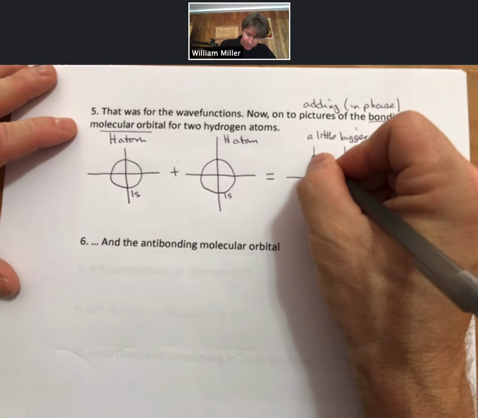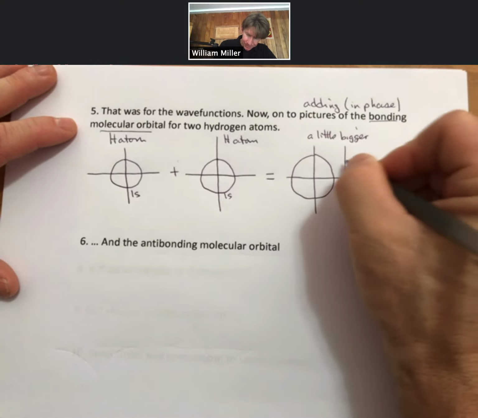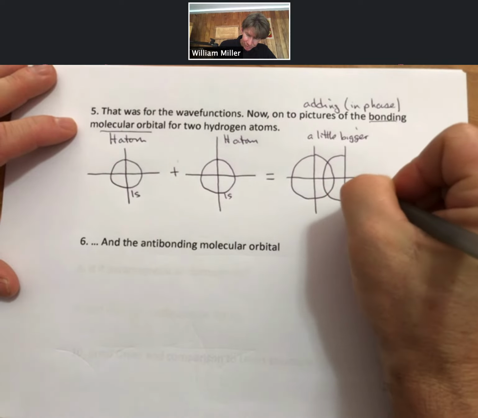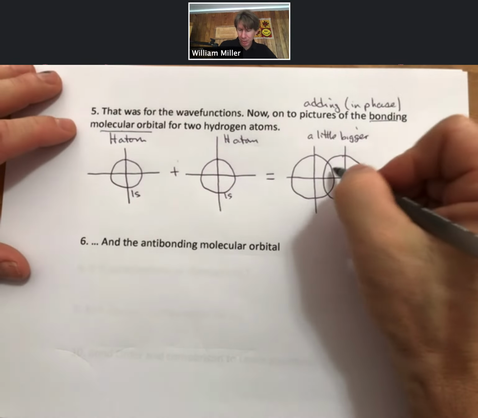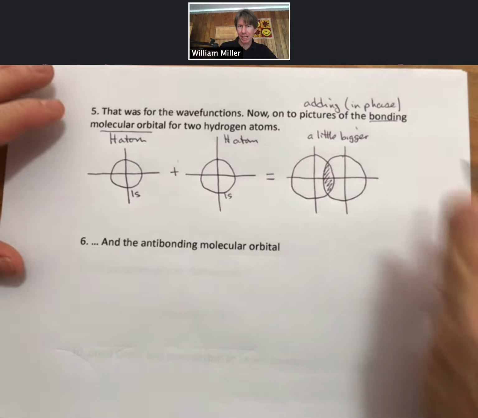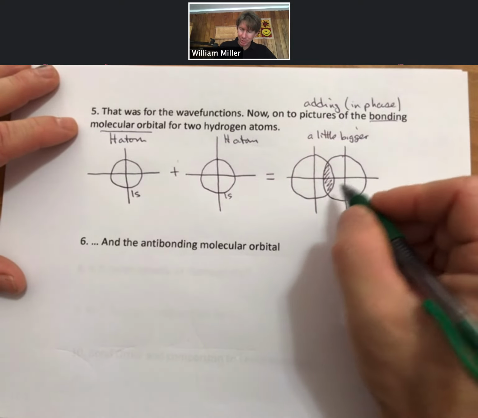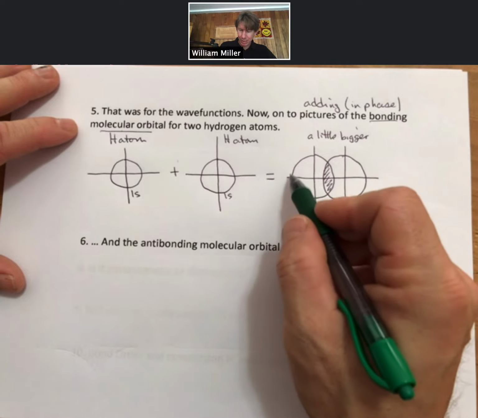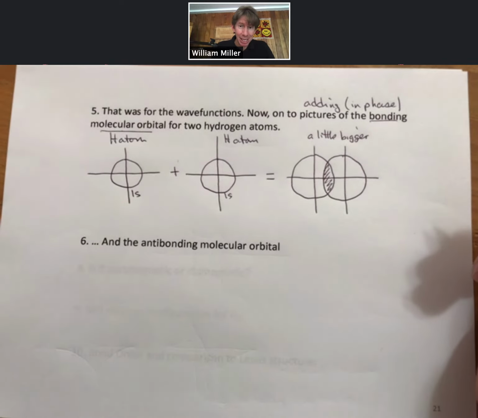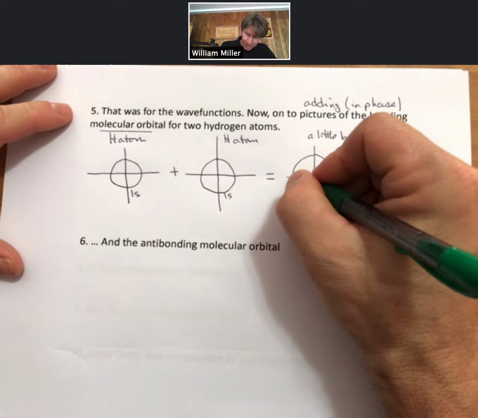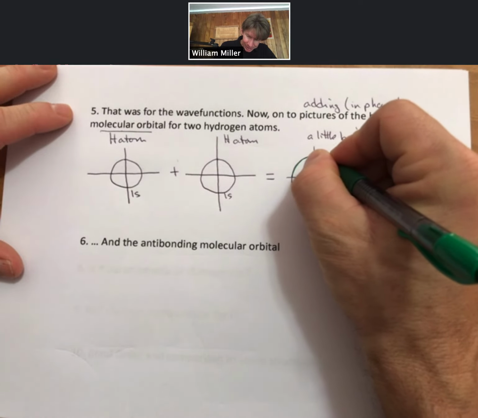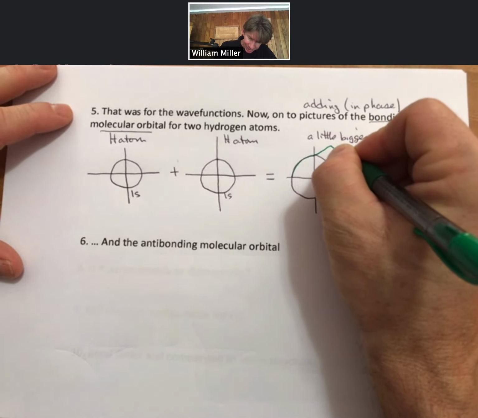Something like that, where you have a clear area where they overlap. And just like before, where they overlap, it's going to be bigger. Where they don't overlap, it's just the same. And here we go. So it's going to come up like this or something like that.